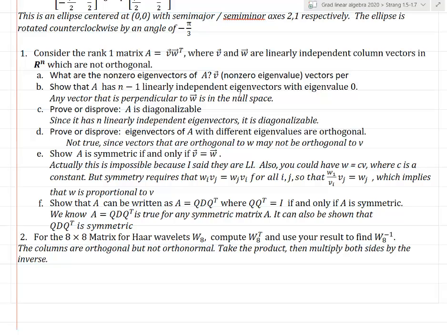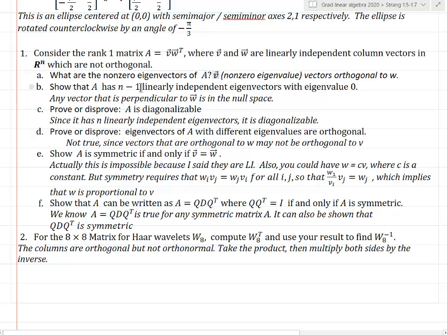Or instead of perpendicular, let me say orthogonal, because that's the language we're using. But V is the only one that can have a non-zero eigenvalue, because as I mentioned, V is the only linearly independent vector in the column space, and an eigenvector must be in the column space.